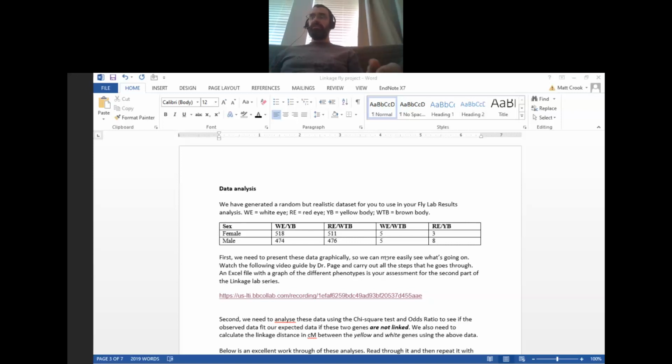That's right, the two genes, so the white and the yellow genes. Yeah, they're really tightly linked because there is a vast excess of parentals, right? So you look over on the left, even for just one sex, it's going to be 1,000 to 8, right? And so there is very little recombination going on between these two genes there.